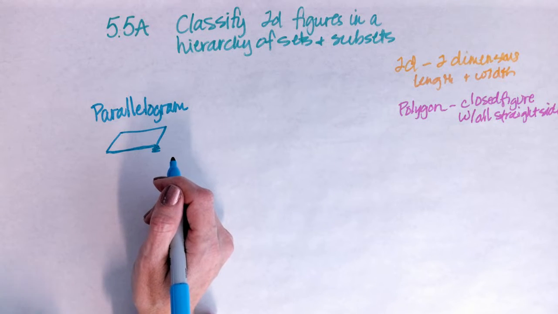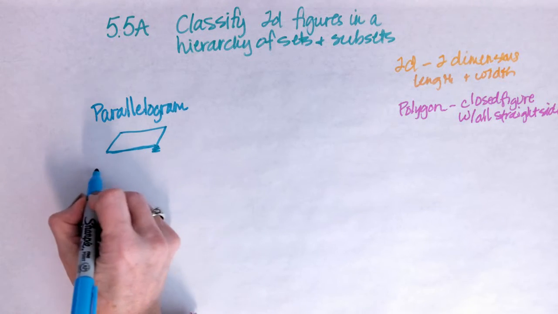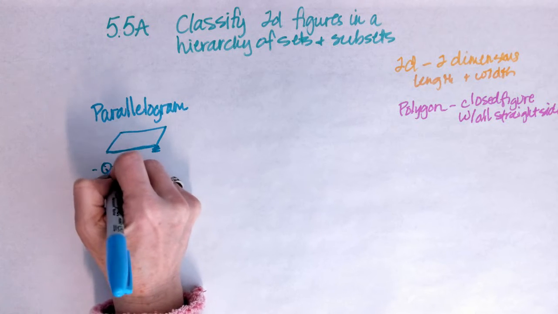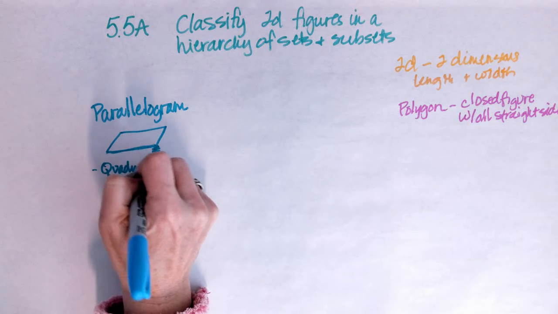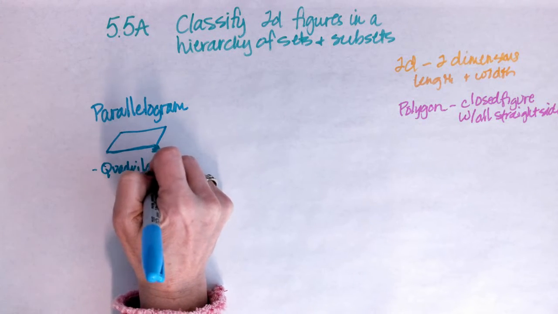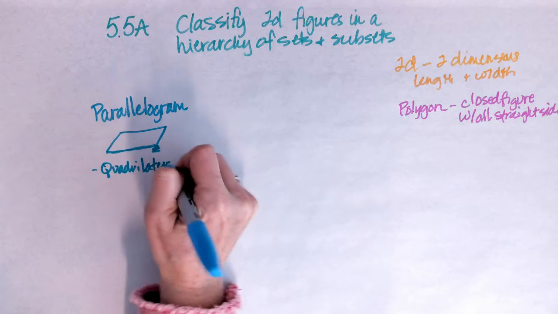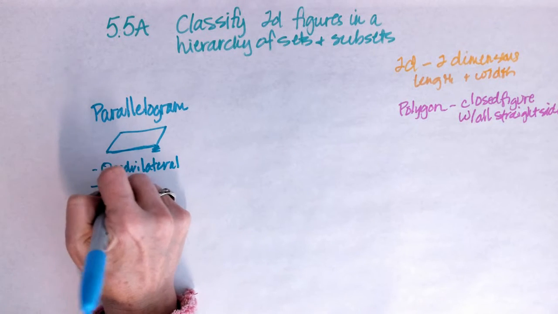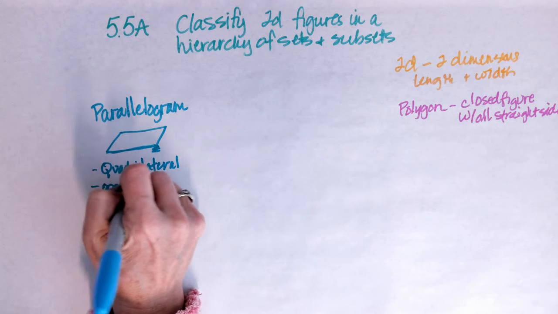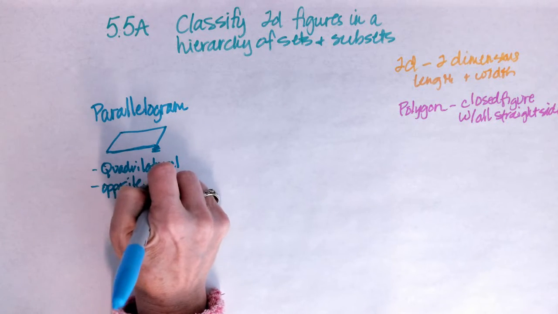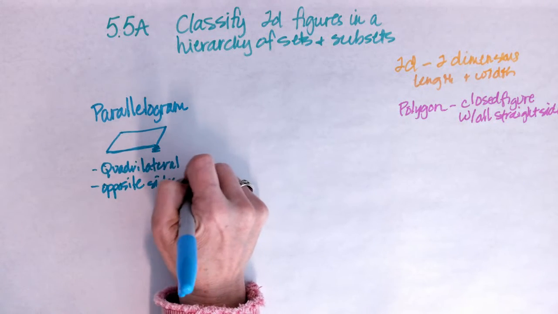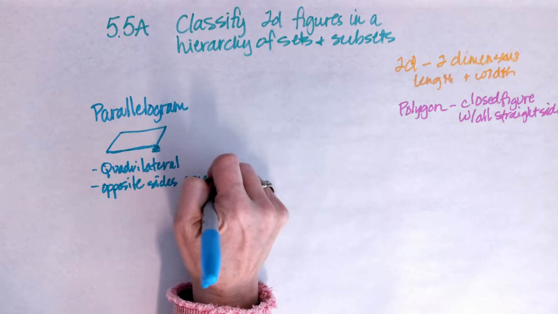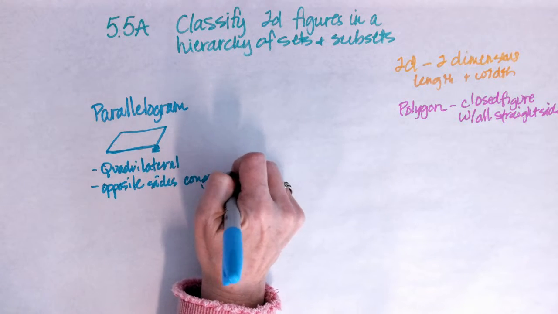So we can talk about what are the attributes of a parallelogram. Well, it's a quadrilateral. That means it has all 4 sides. It's a polygon with 4 sides. We know that opposite sides are congruent or equal in length.